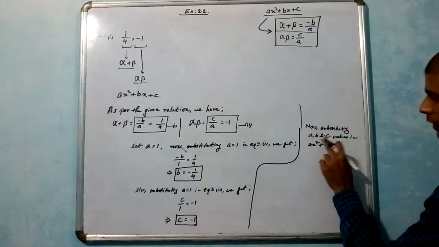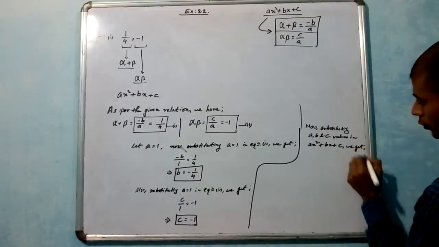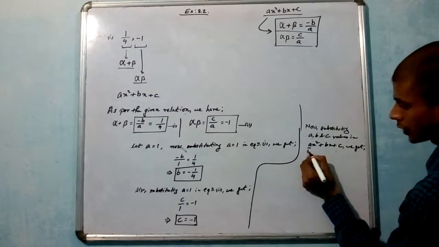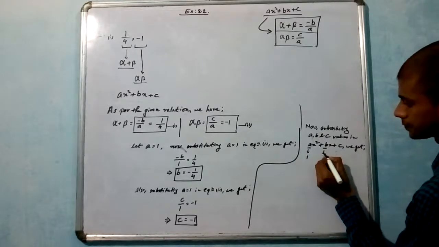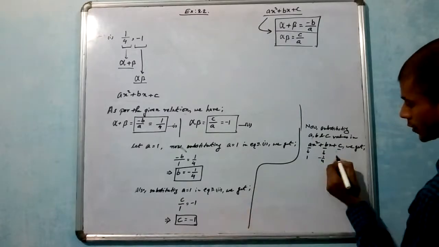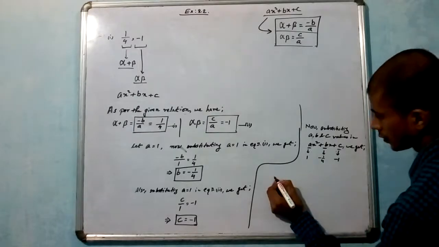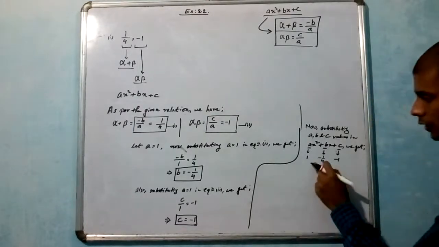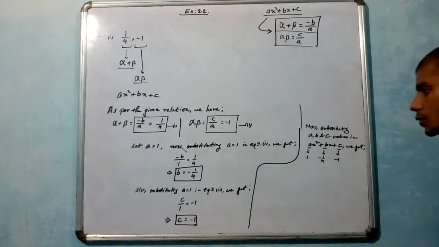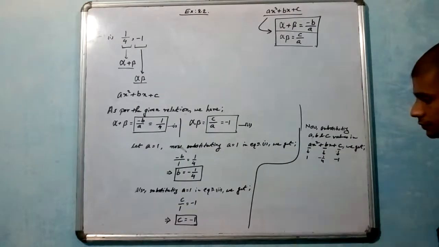Okay, so now substituting a, b and c in this, we get, what we will get? Tell me. In place of a, what is a? 1. What is b? Minus 1 by 4. What is c? Minus 1. Okay, so substitute here. Can you tell me the values? Yes, Mithun? Tell me the values.